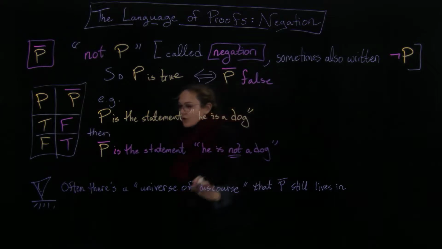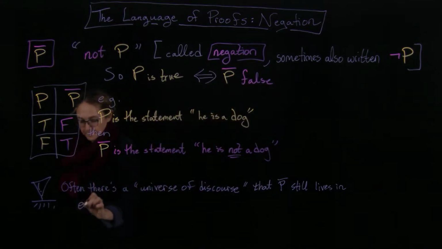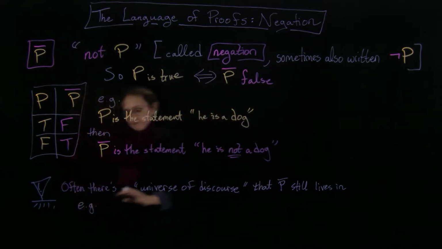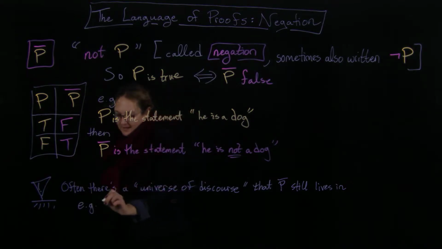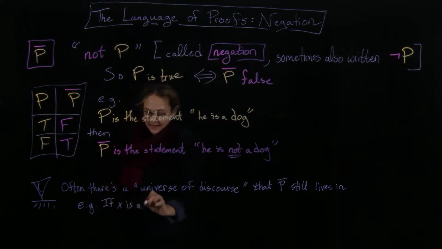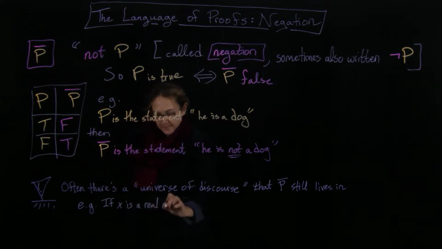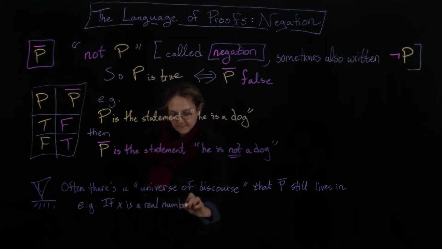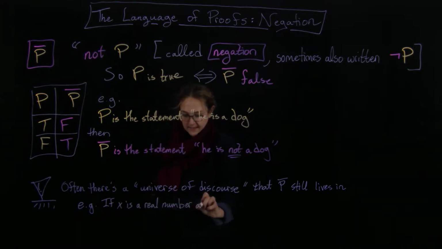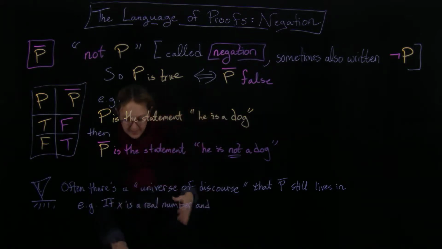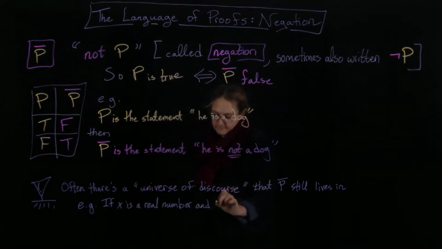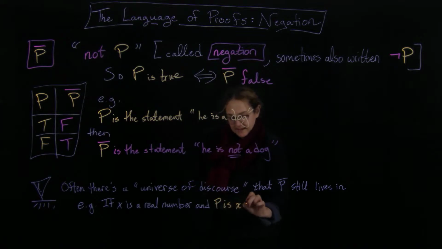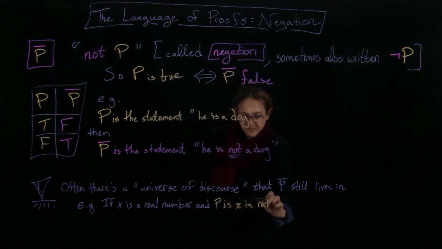So for example, if X is a real number, and so P is the statement, X is rational, right?